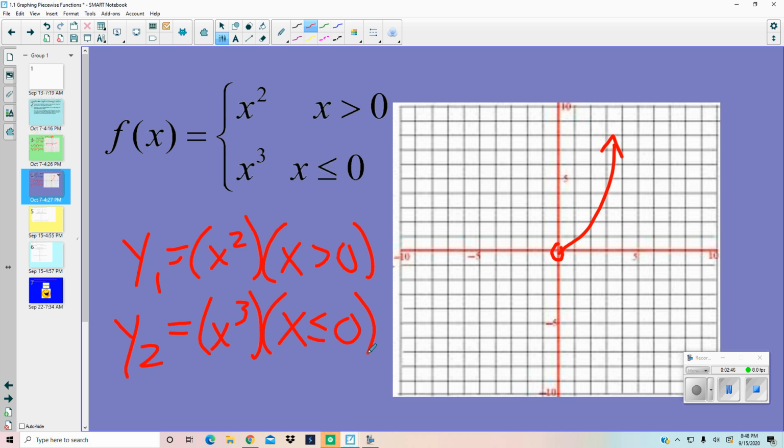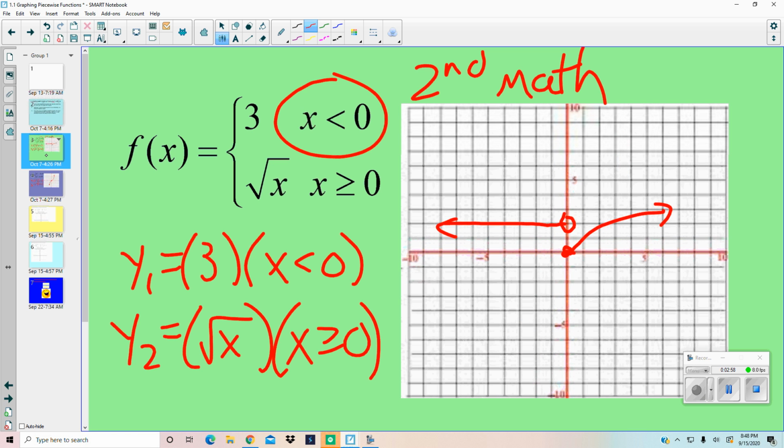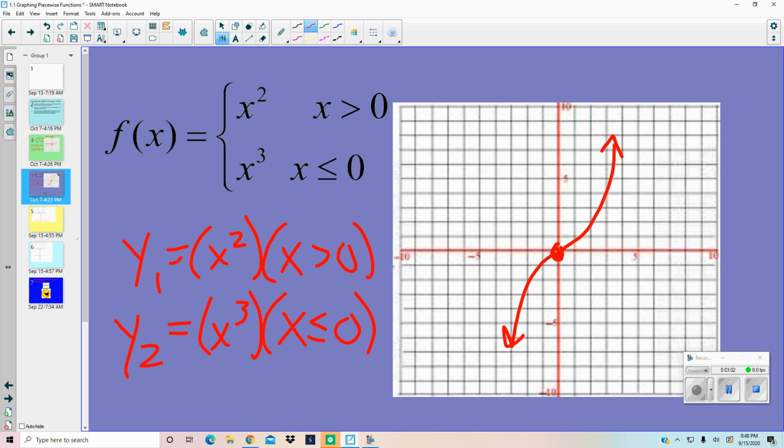Well, that actually is going to fill in this hole because x cubed looks like that. And so that's what your graph looks like, and it's a continuous graph, as opposed to the one before. That's not continuous because they don't match up. But this one's continuous because they do match up.